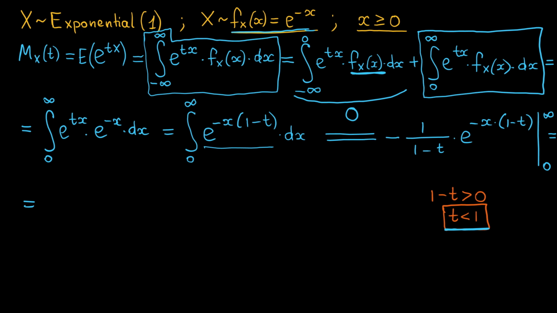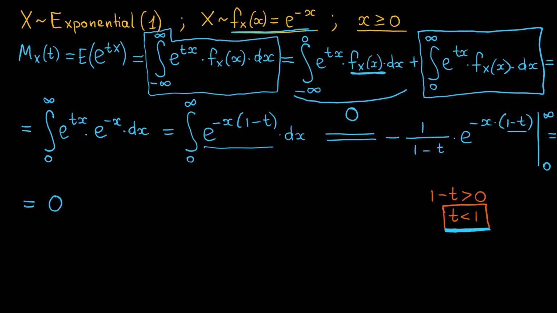Now let's see what happens when x goes to infinity. Because we're only considering the cases when t is less than 1, 1 minus t will be greater than 0, and therefore, as x goes to infinity, we'll end up with negative infinity in the exponent, and e to the power of negative infinity will give us 0.